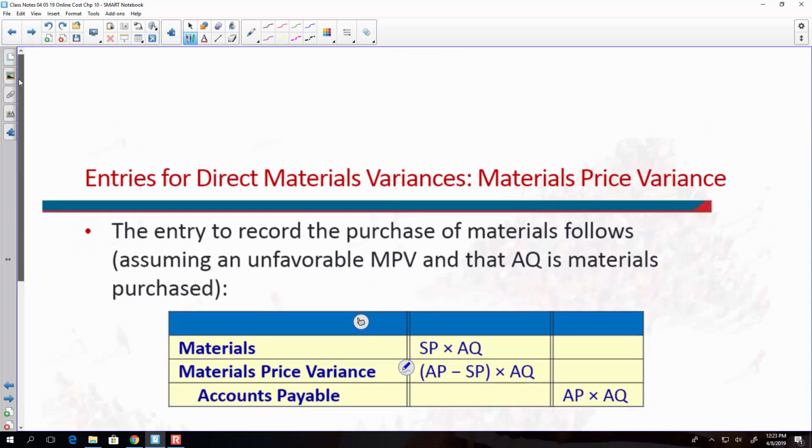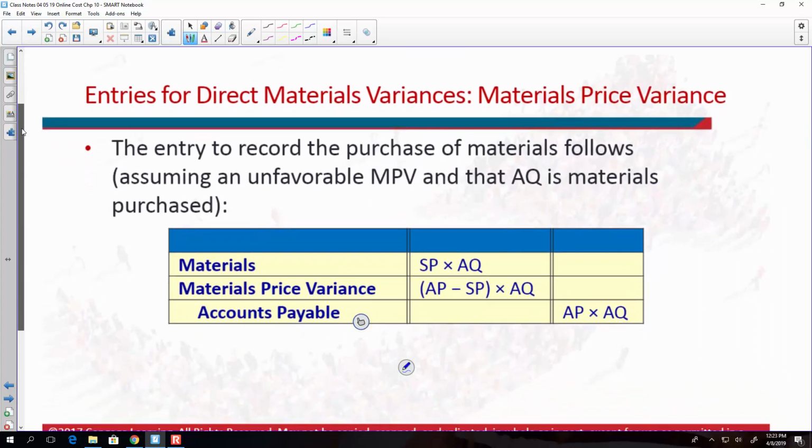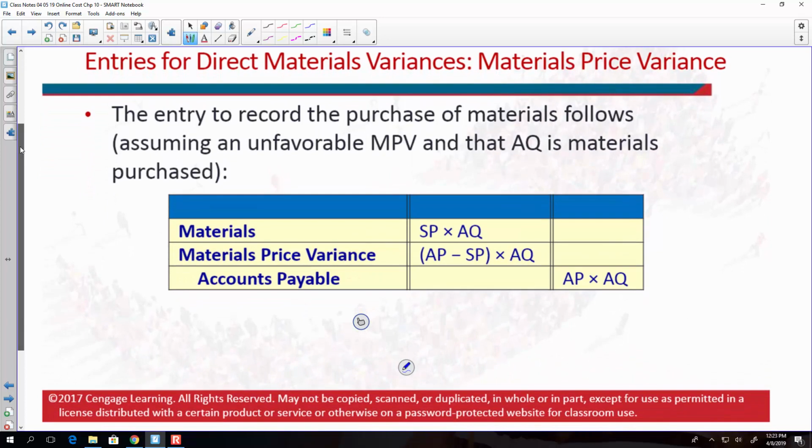I do show the entries to record the materials. In this particular example, it's a price variance, which is, again, unfavorable. So the actual price must have been more than what we thought we would pay. Now the author uses SP, AQ, so forth. SP is the standard price for the material. AQ is the actual quantity.